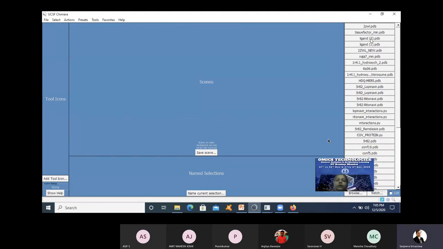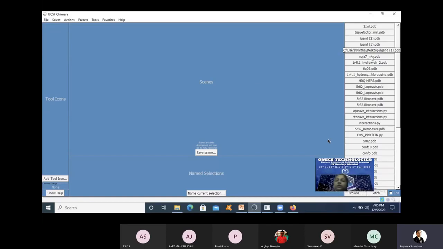In the Chimera workspace, whatever files you have been working on, for example the PDB files, can be uploaded in the workspace, and it also gets saved. Recently I worked on all these files and they got saved. So I do not have to take the pain of browsing for the files and bringing them here.